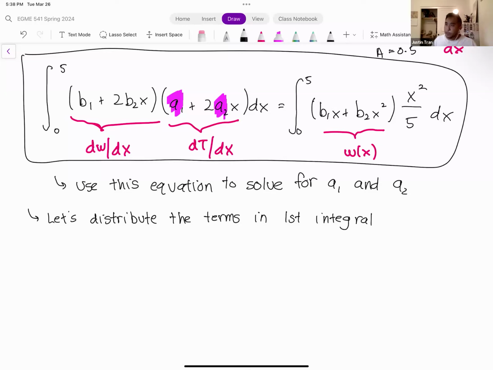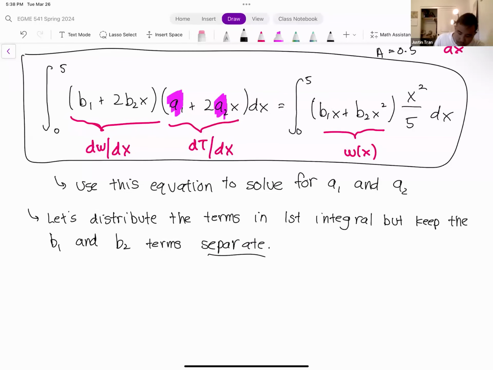So I'm going to have a separate b1 integral and a separate b2 integral. And we can do the same thing for the second integral as well, keeping the b1, b2 terms separate.